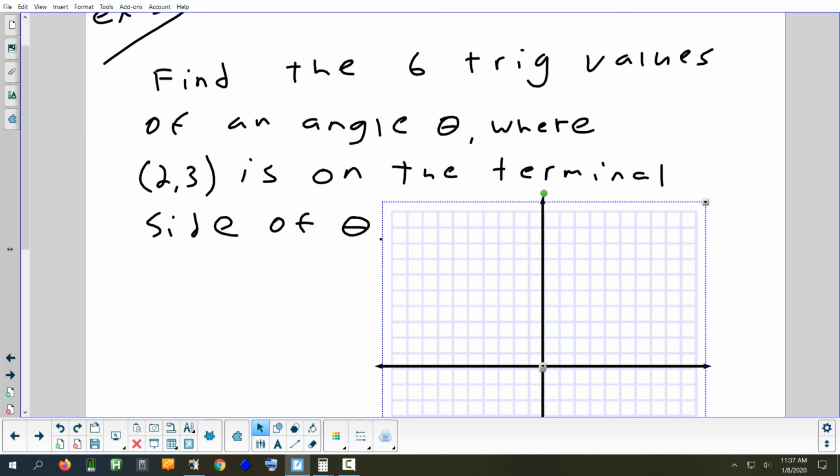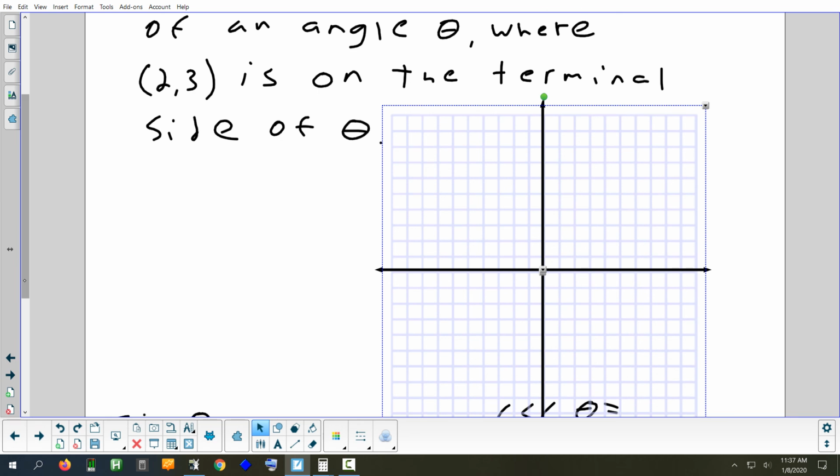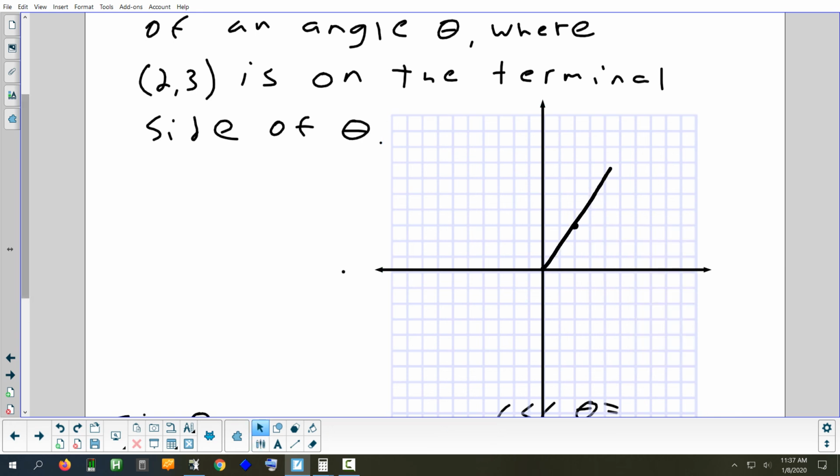It says that the point 2, 3 is on the terminal side of the angle. So that's the terminal side of my angle. Where's the initial side if they don't tell you? We talked about this when we talked about what's called standard position.